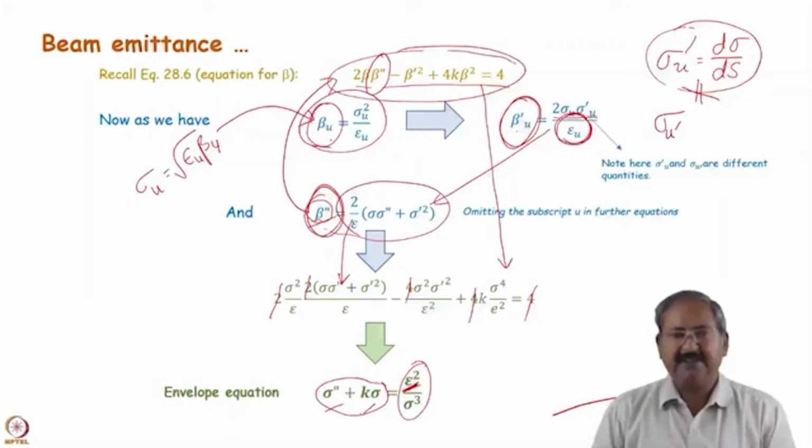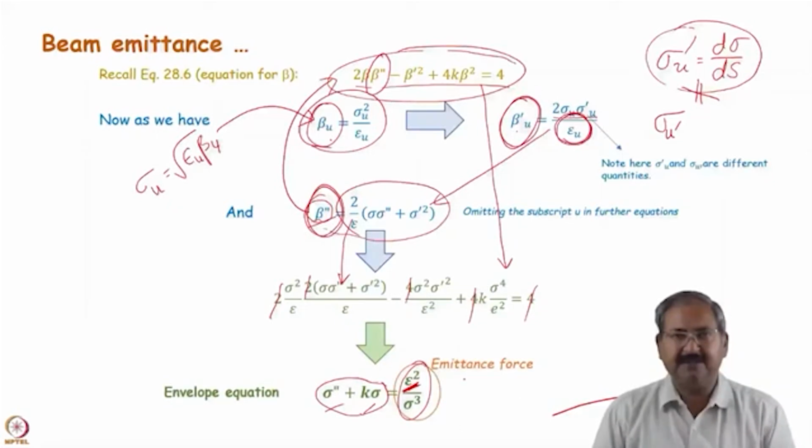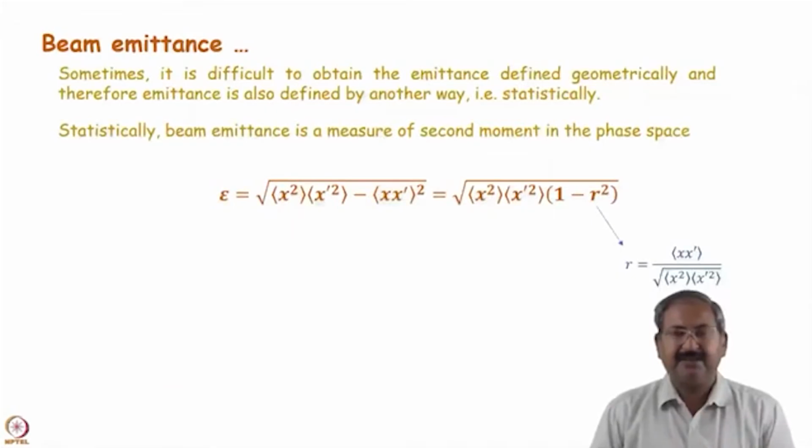So this emittance shows you an extra force term. This force term is known as emittance force, and if you put k equal to 0, meaning drift space, even then sigma double prime will not be 0, and sigma double prime will be defined by this emittance force.